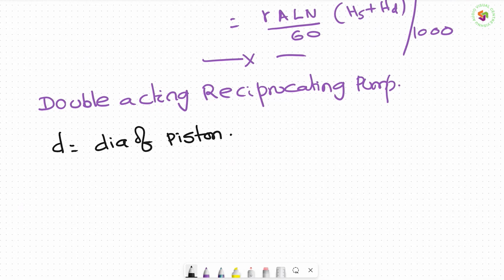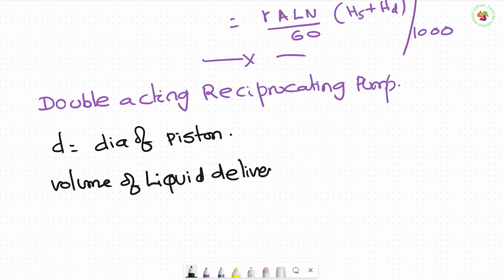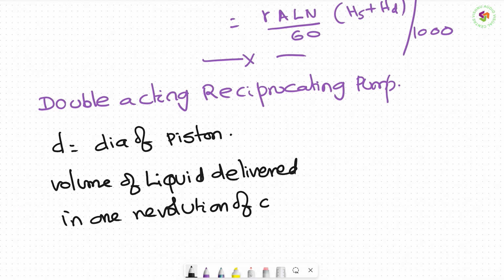If I now take it, what is the volume of liquid delivered in one revolution of crank? It is equal to, previously, A into L. This is the first one, right?